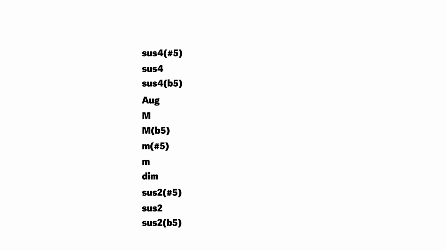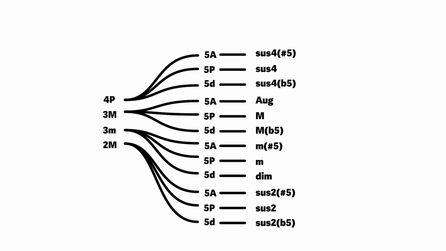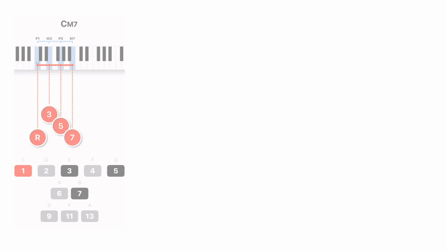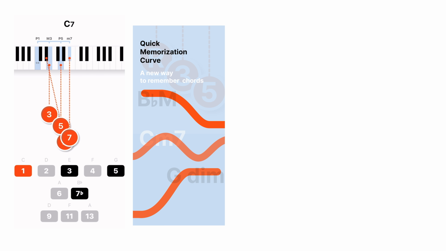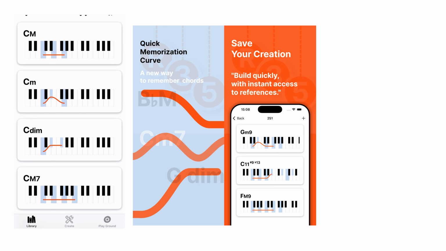In dim chords, the third is understood to be minor by default. One more time. You shouldn't memorize chord names by themselves. Instead, when you see a chord name, use logic to decode the intervals, and then figure out the notes that make up the chord. In the next video, I'll dive into more topics in chord theory.